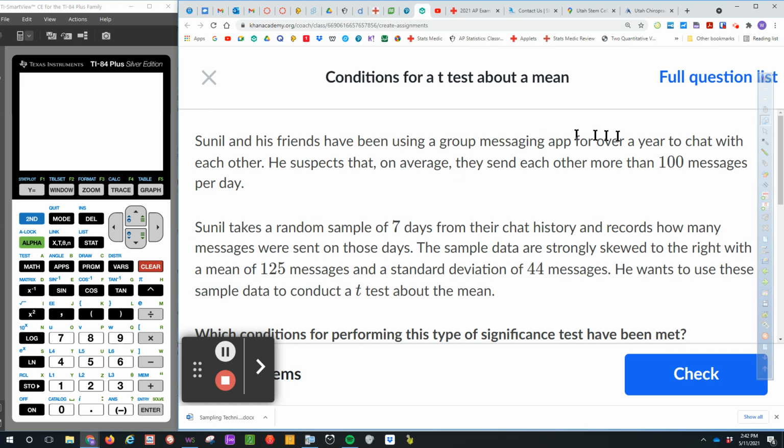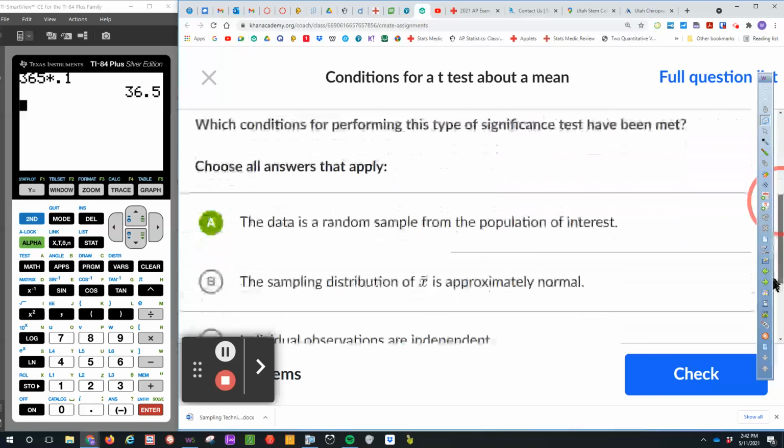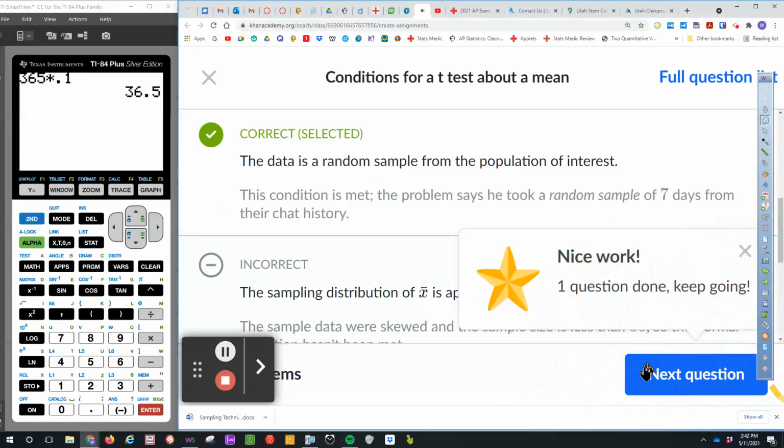Over a year has 365 days. And if you multiply that by 0.1, it's 36 days, and they only sampled 7, which is a lot less. This 7 is a lot less than 10% of the population size. So that means that individual observations are independent.